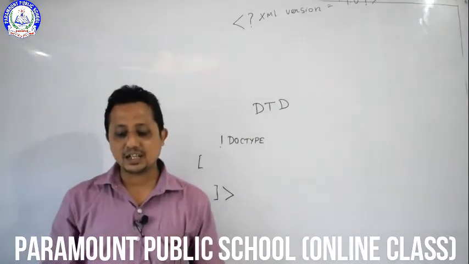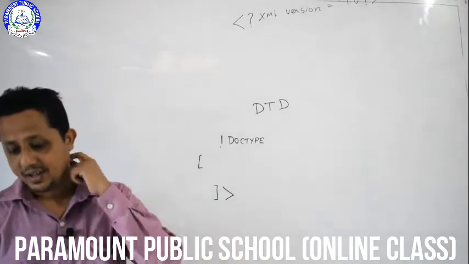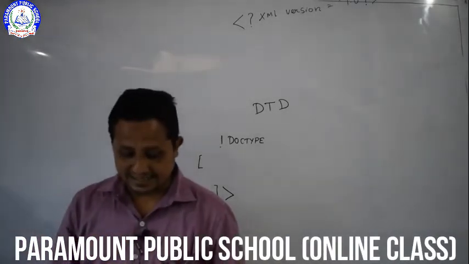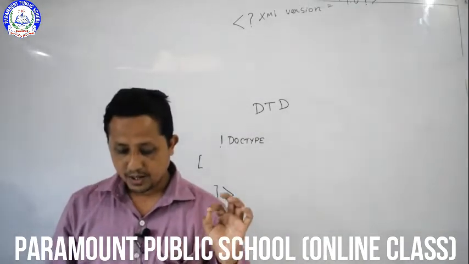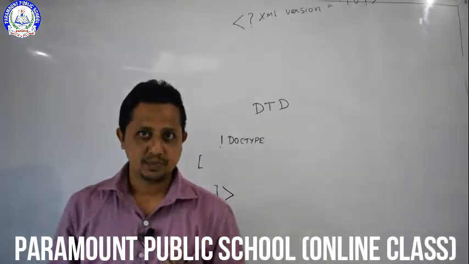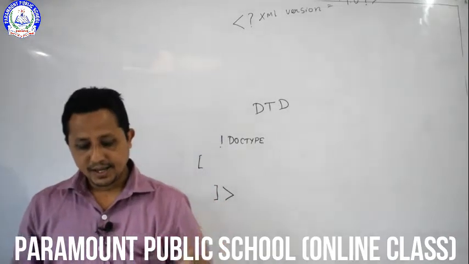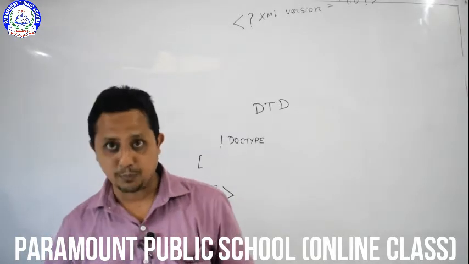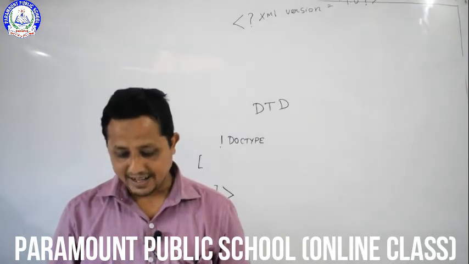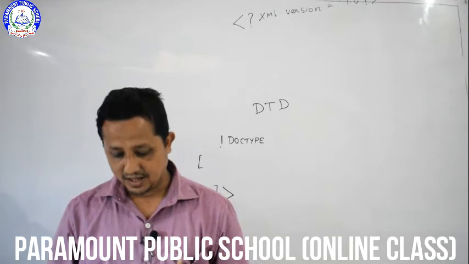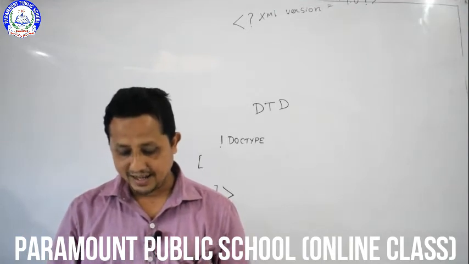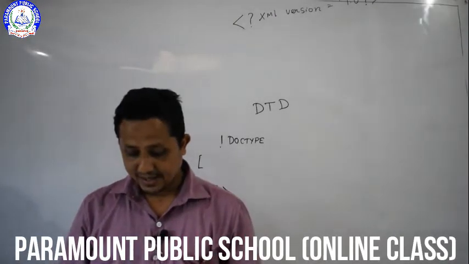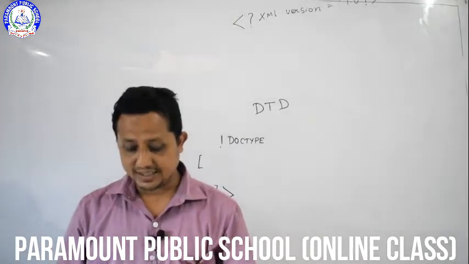The first line in the square bracket mentions the order. You can see the example in your book, page number 98. XML version 1.0, you can see the internal DTD is there and the output is also there. DOCTYPE, then element item, code, name, memory, color, price, element code, PCDATA.